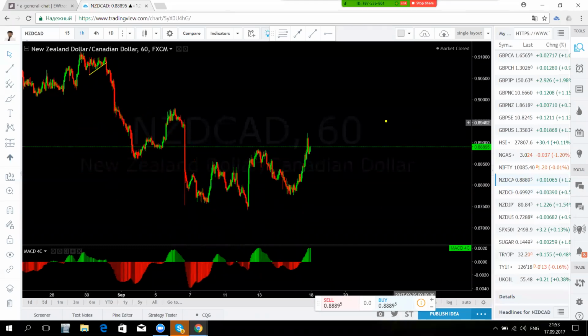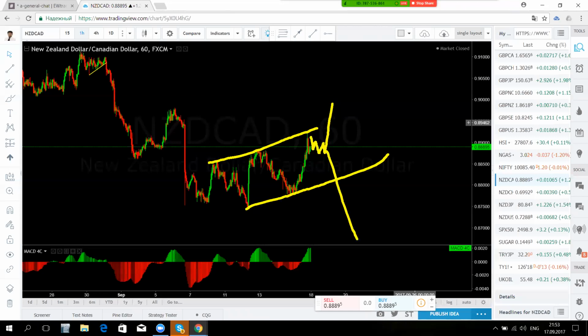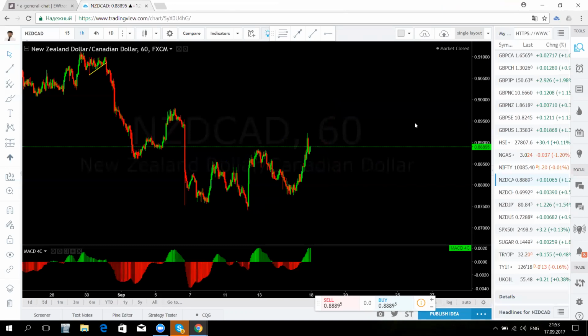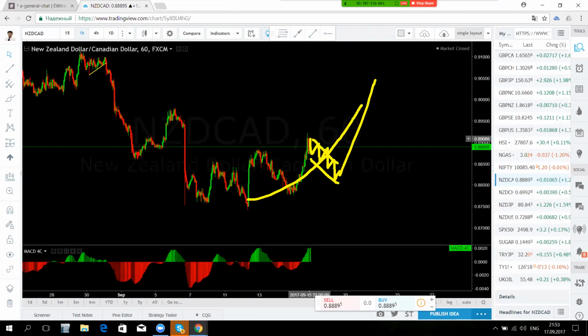Still possibility that they make corrections here and go one more up, but once they start to go down, breaking this structure here would be a good sell, because it's correcting to the upside, which means after that they'll be going down, right? Buy at the top there might be a bad idea, but if they come back like this, you can take a buy again, because the correction could go higher, right? So you can buy again if they come back.